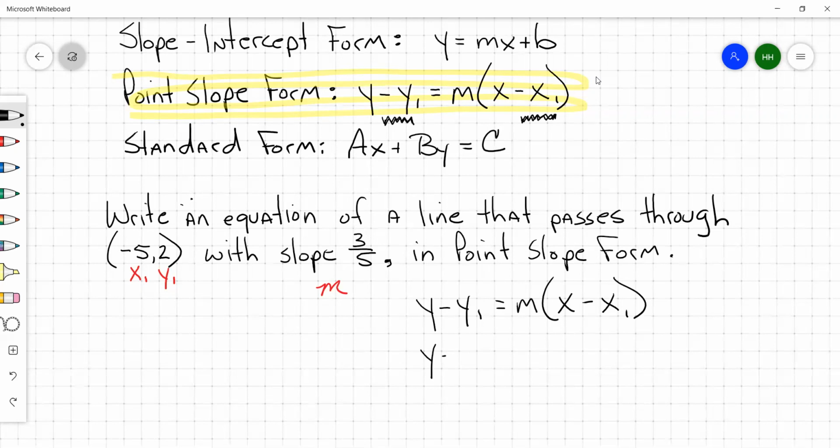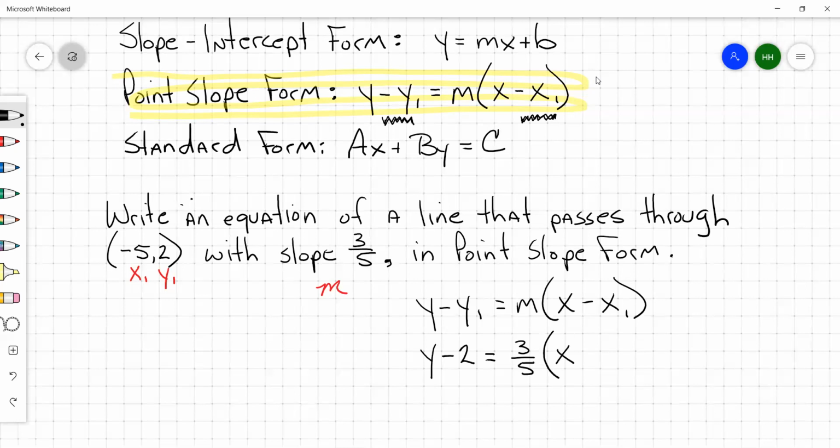So we can put minus, and our y sub 1 is 2, so it's y minus 2 equals. Next goes the slope, which is 3/5. Left parenthesis, the letter x.